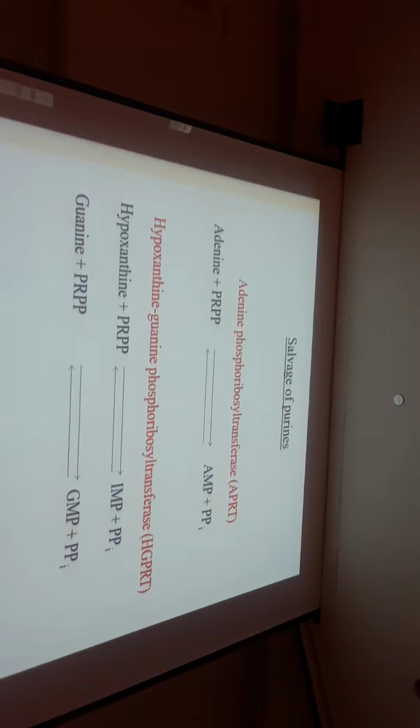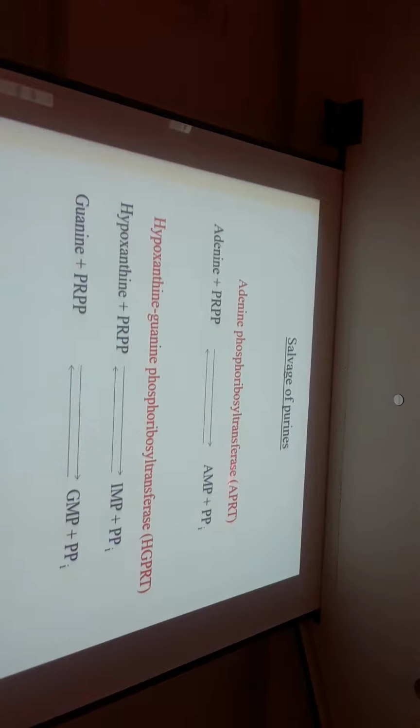Okay, so we just form a nucleotide again from these nitrogenous bases using phosphoribosyl pyrophosphate. So this was the starting material that we also learned about when we talked about the de novo synthesis of purines.